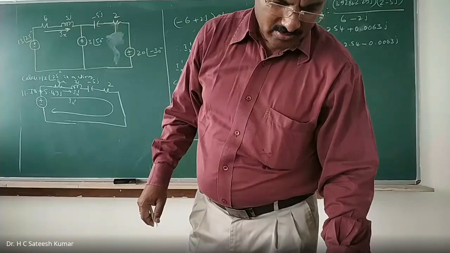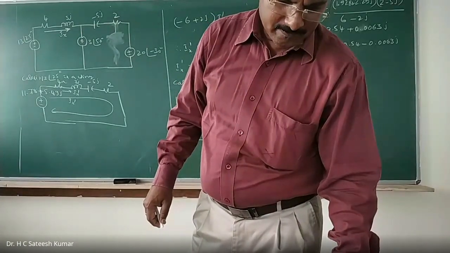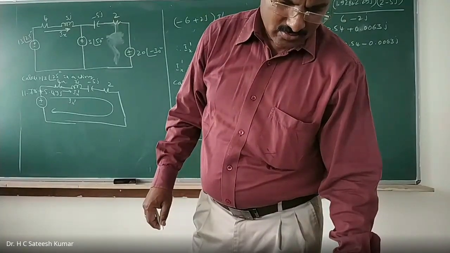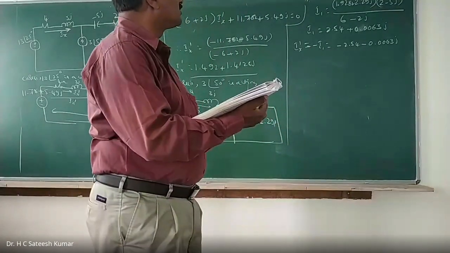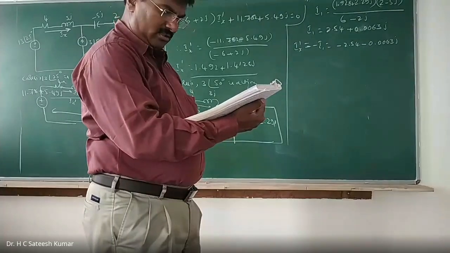Second case: 1.928 plus 2.29j into 2 minus 5j divided by 6 minus 2j.